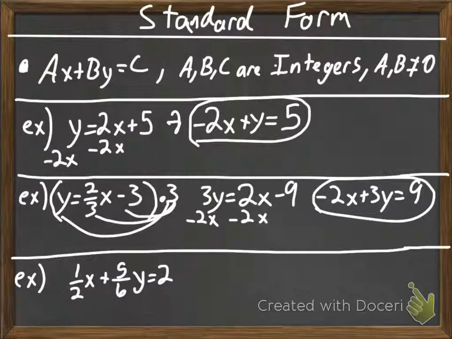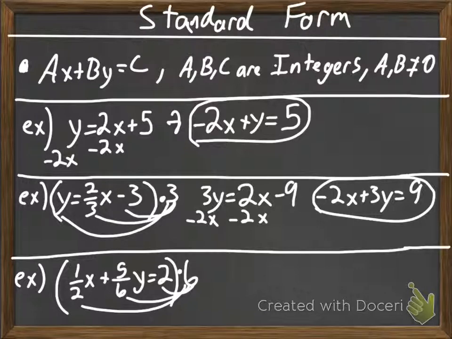So if we multiply this entire thing by 6, we can get rid of everything that is a fraction. So 1/2 times 6 is 3, so we get 3x. 5/6 times 6 is 5, so plus 5y equals 2 times 6, which is 12. And there we go.